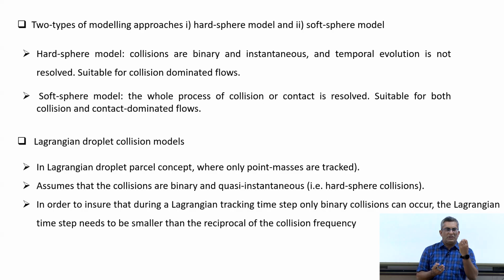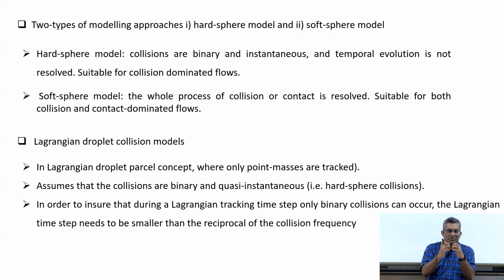So, you directly model the outcome and implement it, but in case of soft sphere model, you consider the entire process of collision, how two particles come together. When two particles approach each other, in gas-solid flows or gas-liquid flows, the carrier phase between the two particles is compressed and the local pressure rises.